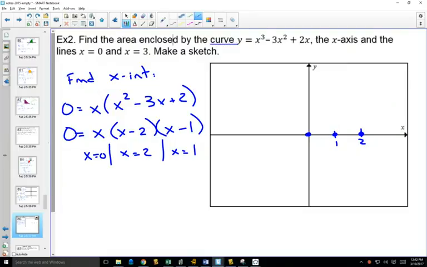This is an x cubed graph. What do you know about x cubed graphs? Positive x cubed graphs, do they start here going down or here going up? They start going up. So this graph is going to do something like this. And our x-intercepts make our graph go into three separate things.